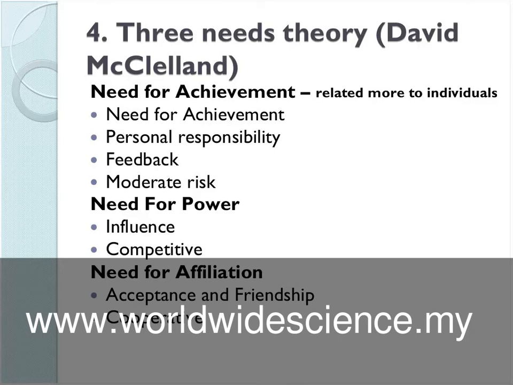Also, we have the need for affiliation. All employees, like normal people, need friendship. That means friendship and good organization culture in the company, the acceptance from the top manager, for example, and cooperation. So this is McClelland's theory.